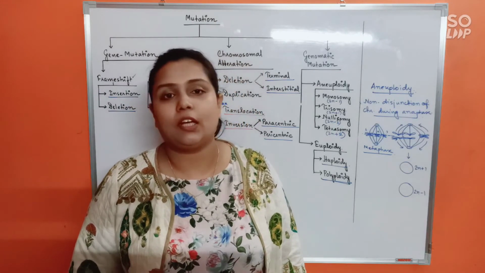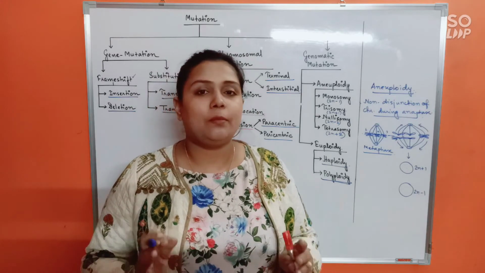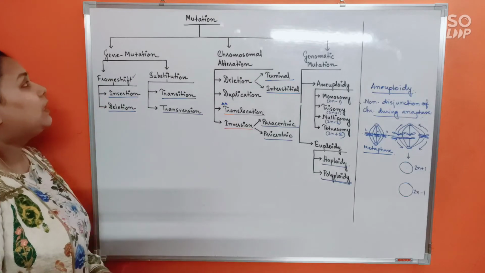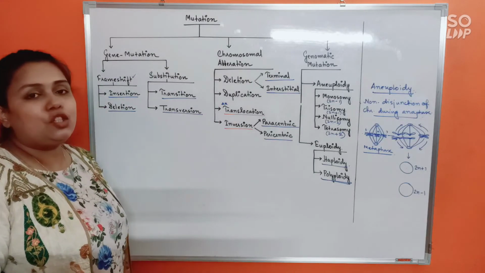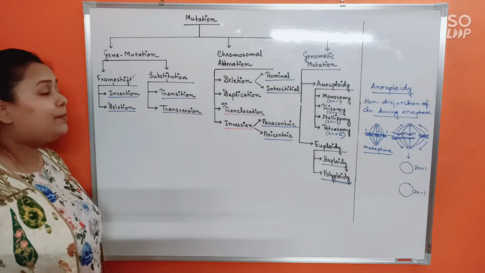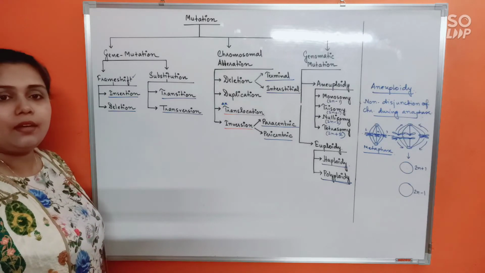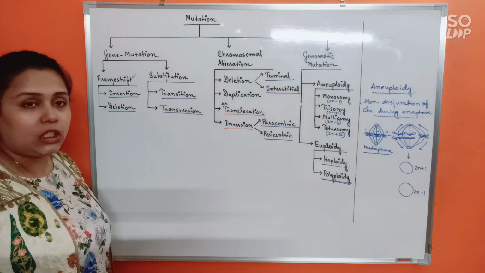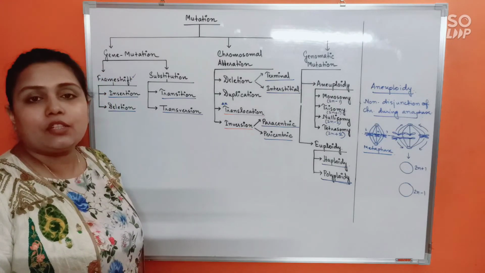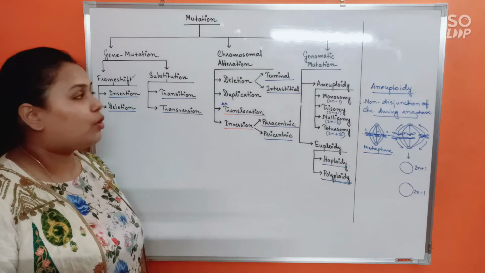I hope all of you are clear about it. Let me give you a quick revision so that it becomes much more clear. Mutation means any sudden change in the genotype of an organism. It can be of 3 types. Gene mutation, where the change occurs in the gene, a fragment of the DNA. Chromosomal aberration, where change occurs in the structure of the chromosome.